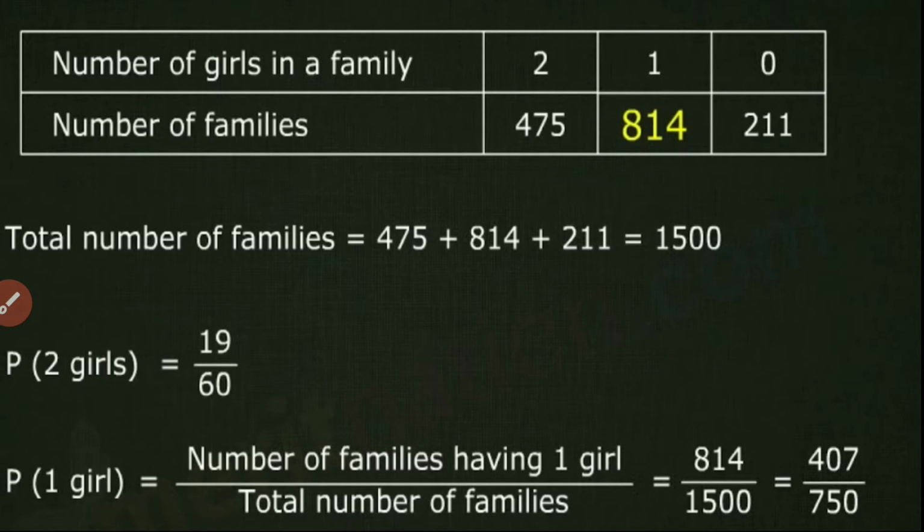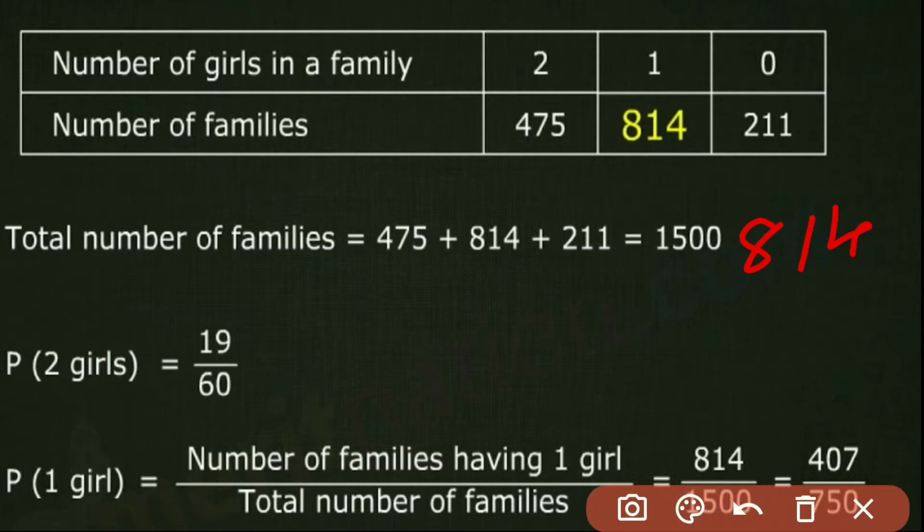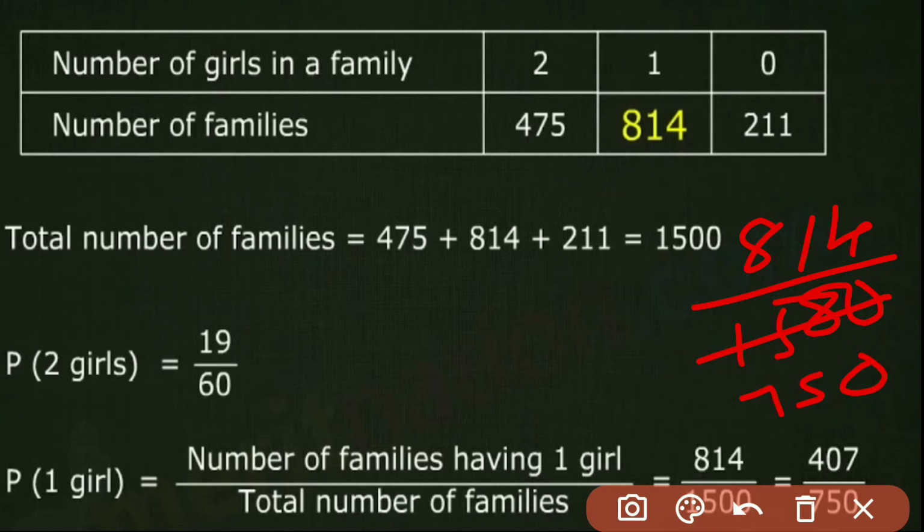When we write it, the unit place is 4 and 0, so we cancel with 2 in both. Then the term will be 814 divided by 1500. When we cancel, 2 sevens are 14, 2 fives are 10, 2 fours are 8, so we get 407 upon 750.